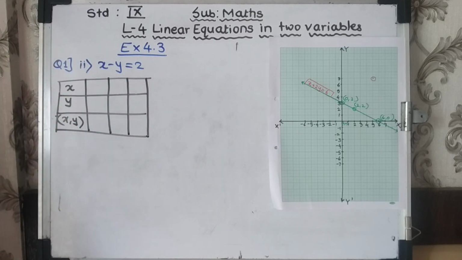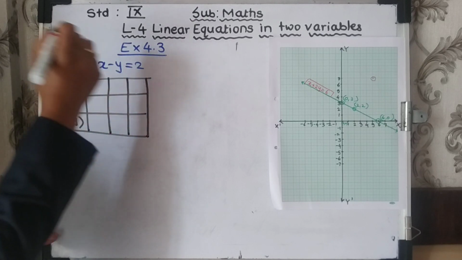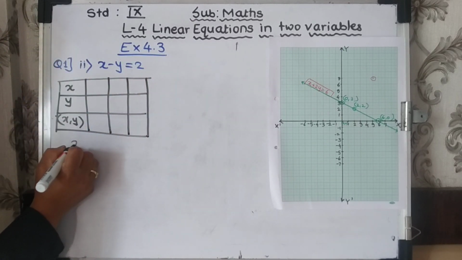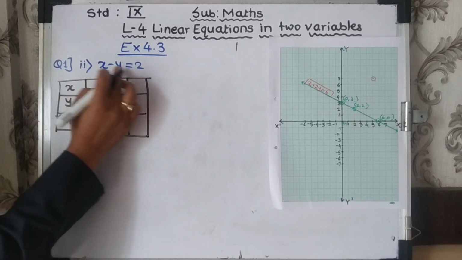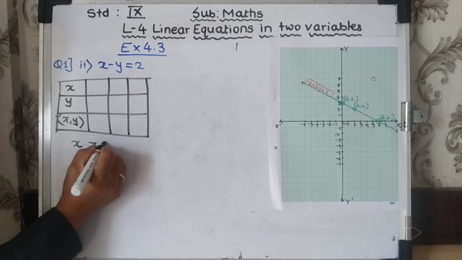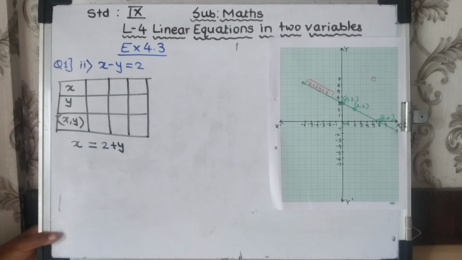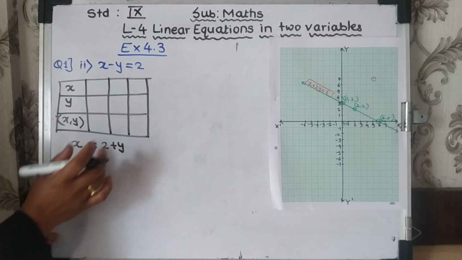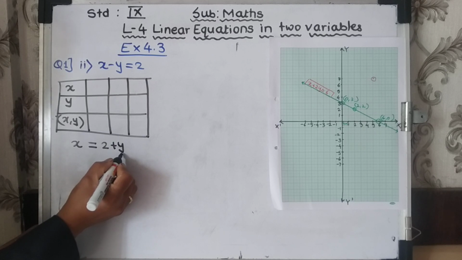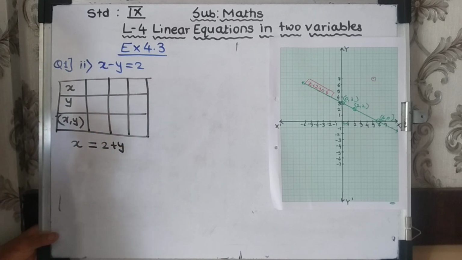Now here x minus y equals 2. So first of all, just make x the subject here. This minus y we are going to shift towards the right side, so it becomes 2 plus y. Likewise the equation we have done. Now use this, so that you will put y values and can have those 3 values, right?